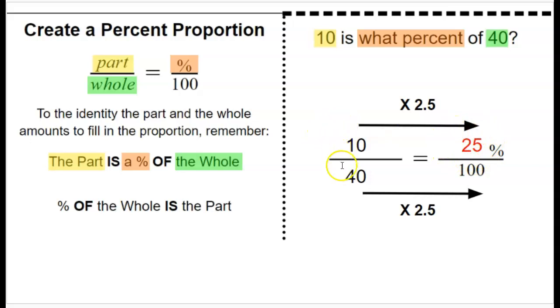You can also take your 10/40 and divide them. 10 divided by 40, which will give you 25/100, which is 25%. So 10 is 25% of 40.